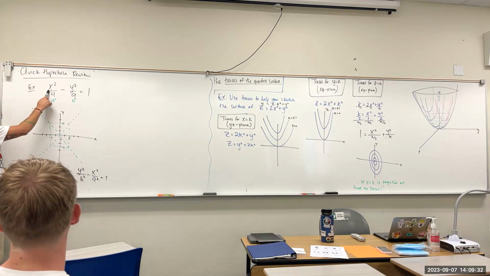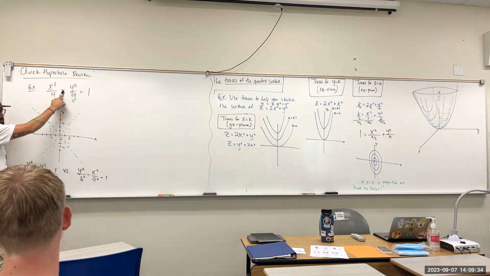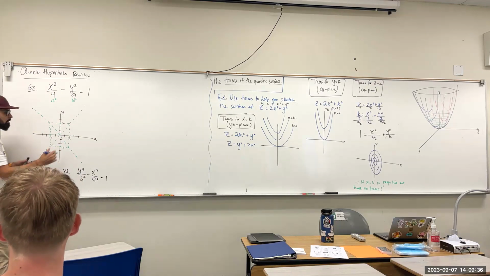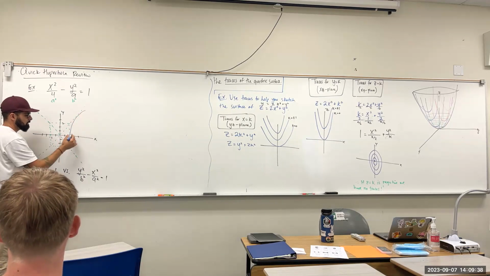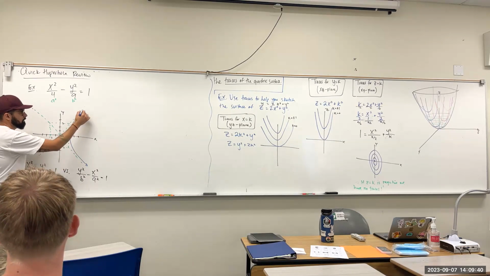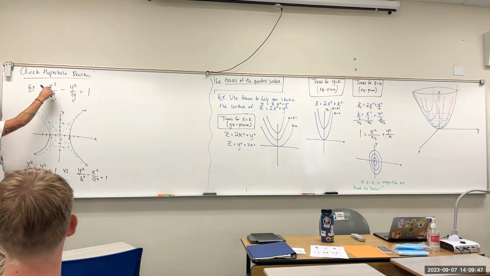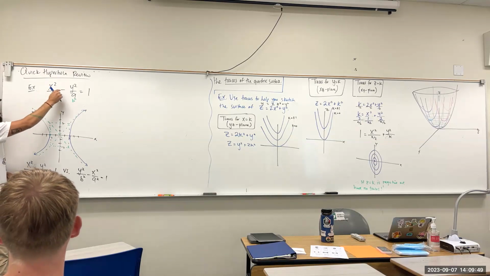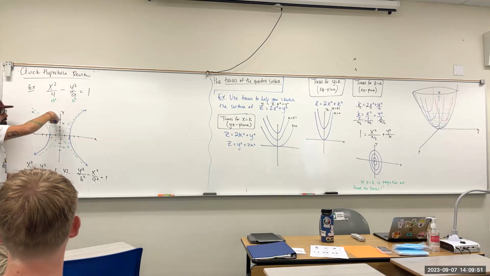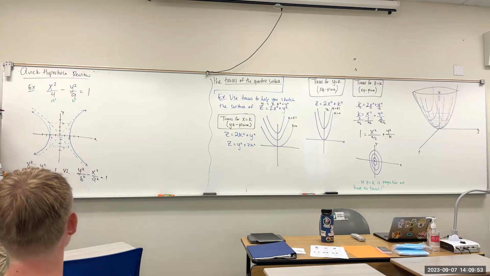So in this case, x is positive and y is negative, so the hyperbolas are going to open towards the x-axis, like this. If I was to instead write y squared over 4 minus x squared over 4, then the hyperbola is open towards the y. But the box would still be the same.